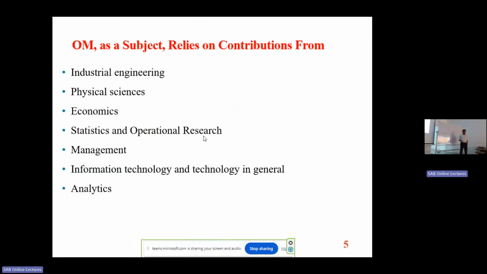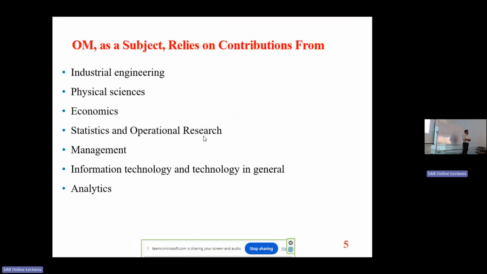Now, this subject has been developed based on various subjects, especially industrial engineering, physical science, and various other engineering subjects have contributed initially. Then, of course, economics and management from the beginning. So it's a combination of all these now.